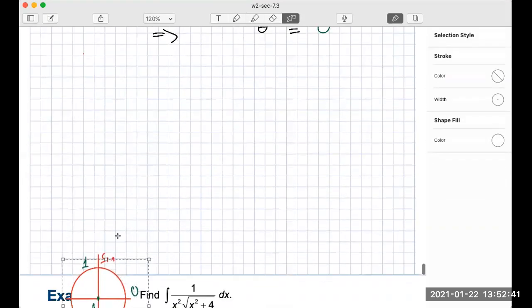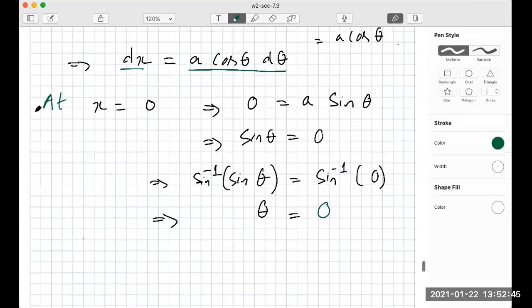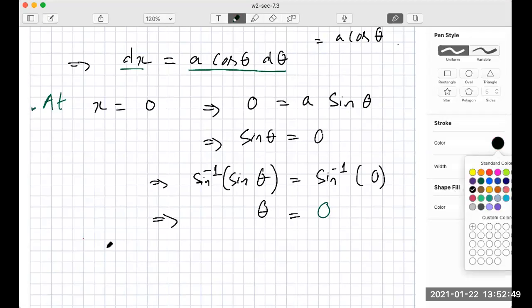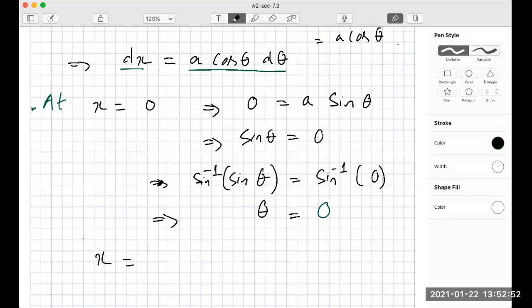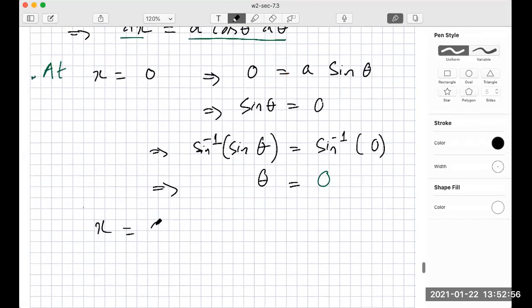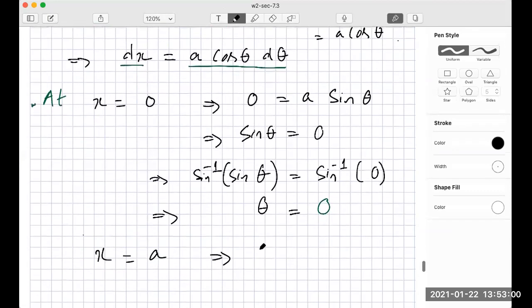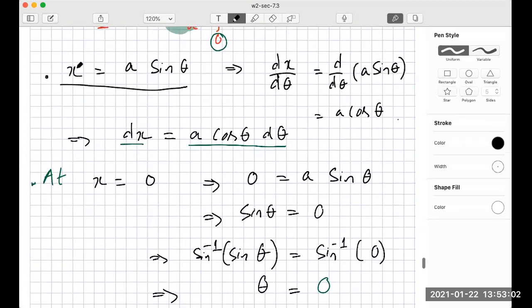Now we need to find the relation of x and theta when x is equal to a here, right? When x is equal to a, what do we have? Replace x by a here, right?